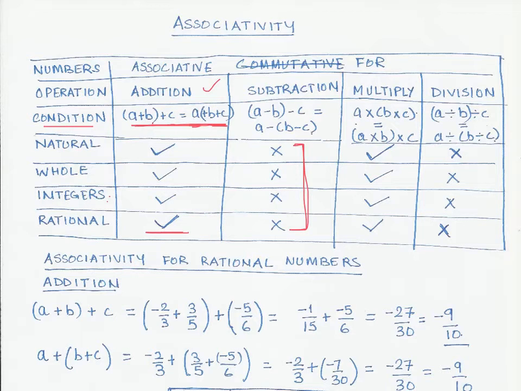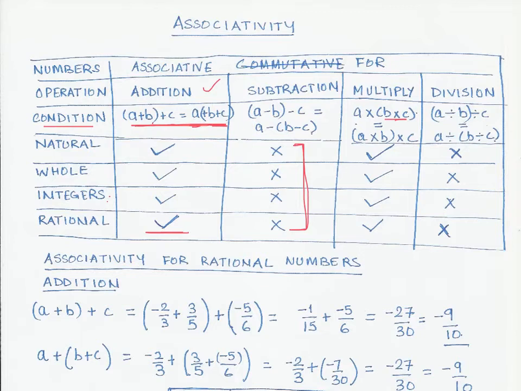And when we look for multiplication, this is pretty straightforward, because associativity for multiplication is just an extension of the commutative property. It really doesn't matter the way in which you group two numbers to multiply first before multiplying with the third one.